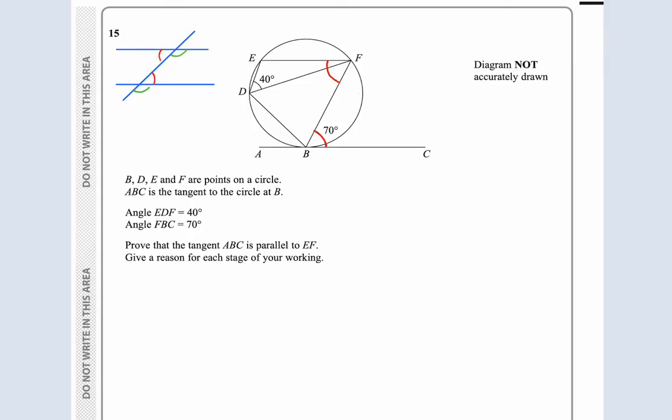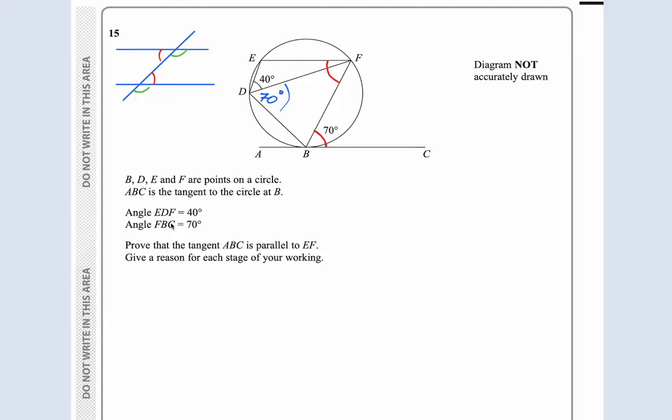So what angles can I figure out? Right, so this guy is 40. Fair enough. This guy is 40. Now, there's something called the alternate segment theorem, right? The alternate segment theorem, guys, states that this here has to be 70 degrees.